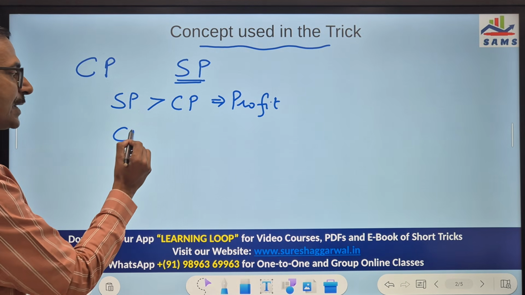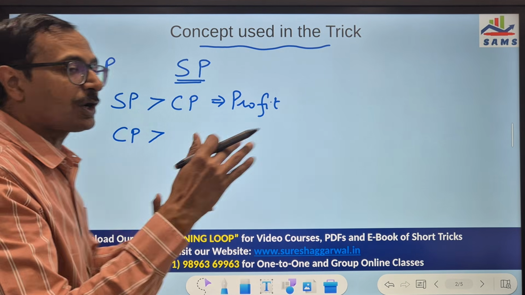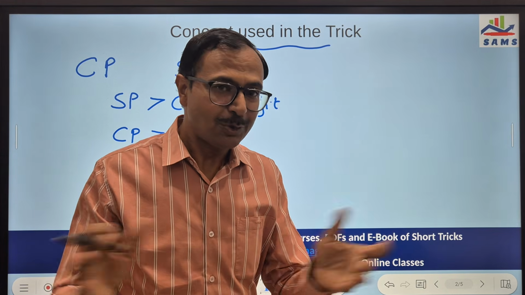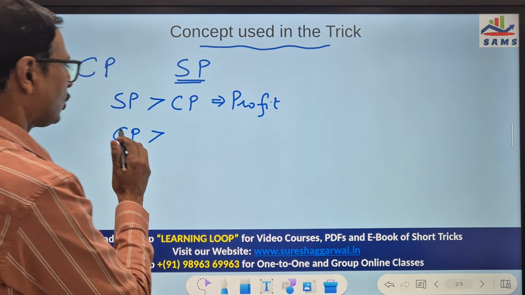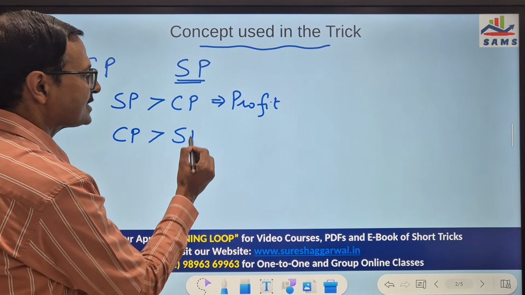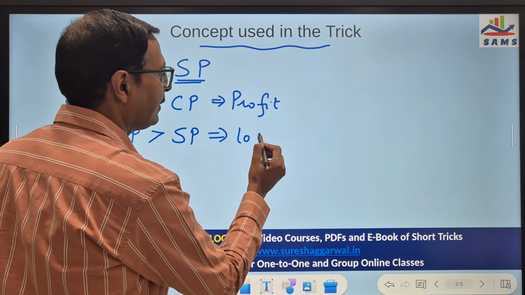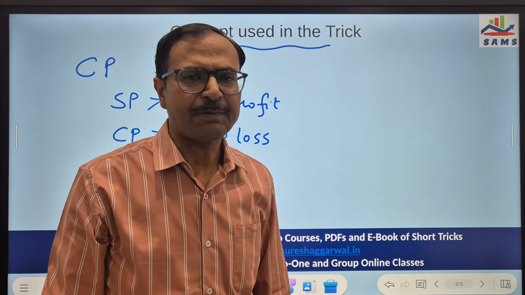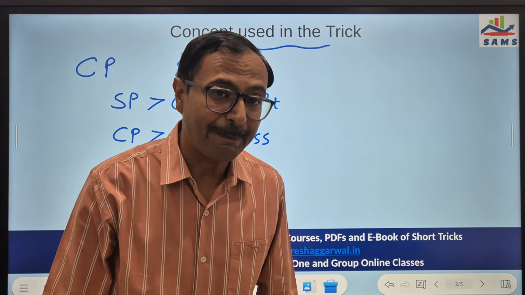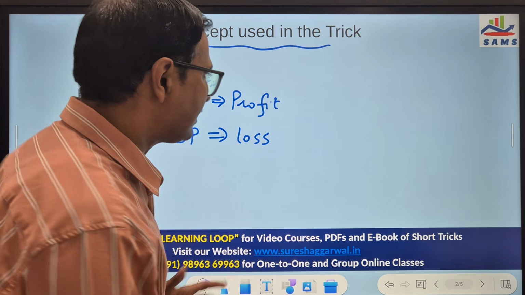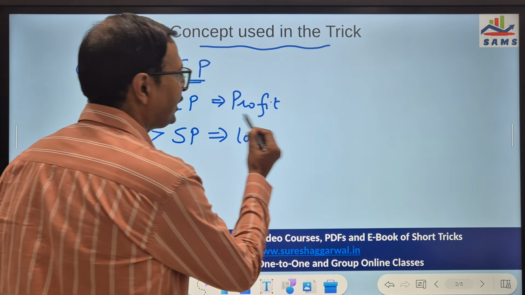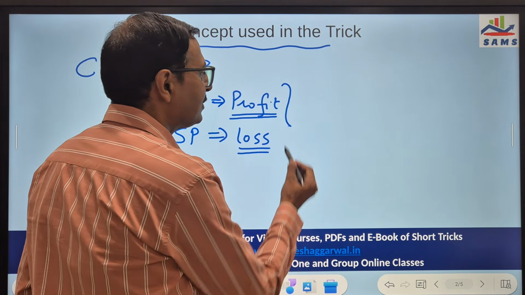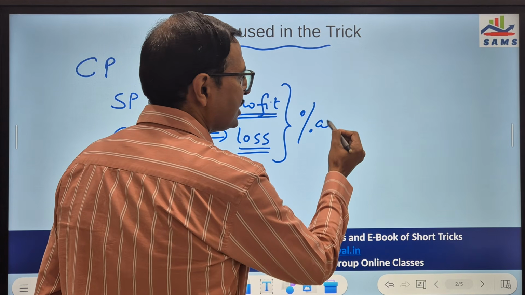And whenever cost price is greater, that means you bought something for say 1000 rupees and you sold it for only 920 rupees, you will suffer a loss, right? So whenever cost price is greater than the selling price, then you suffer a loss. Now this is the very basic thing, standard thing in the chapter of profit and loss. Now how does it matter to us? It matters because this profit and loss is always given in the question in terms of a percentage.